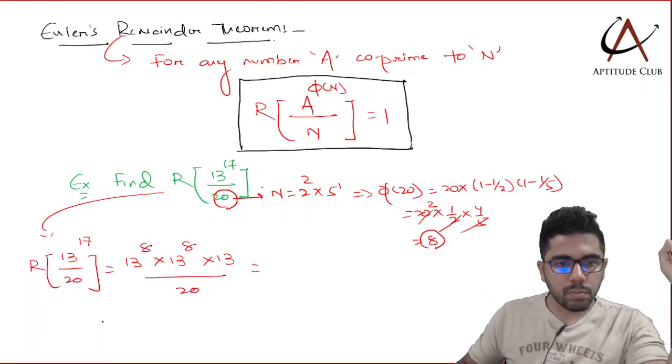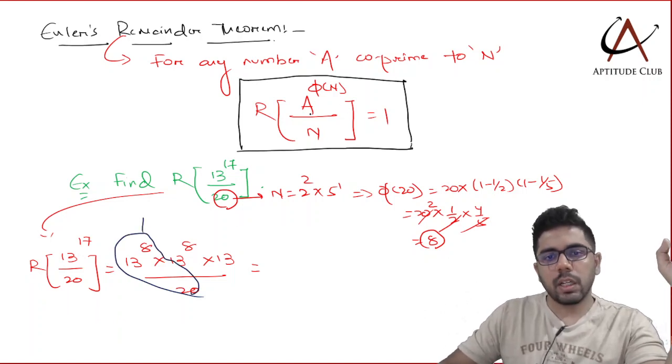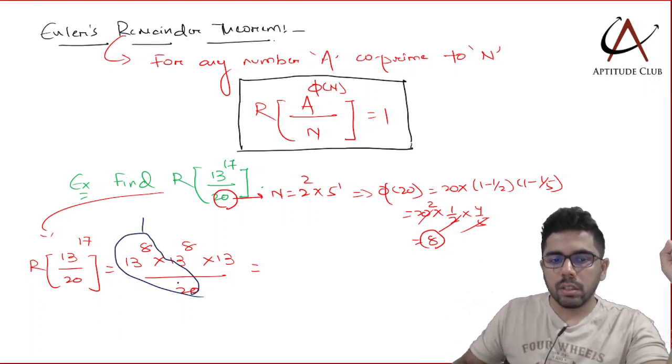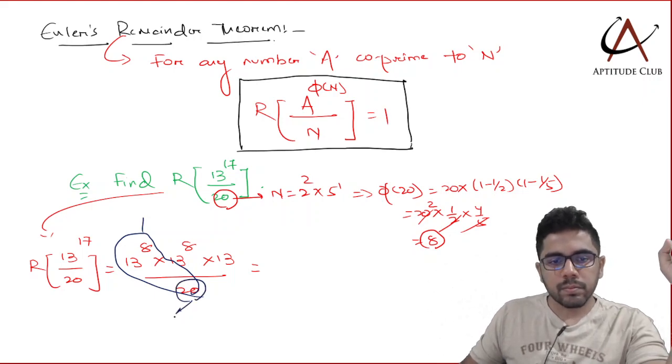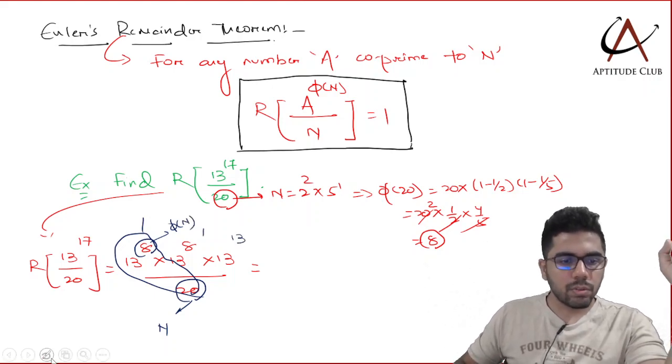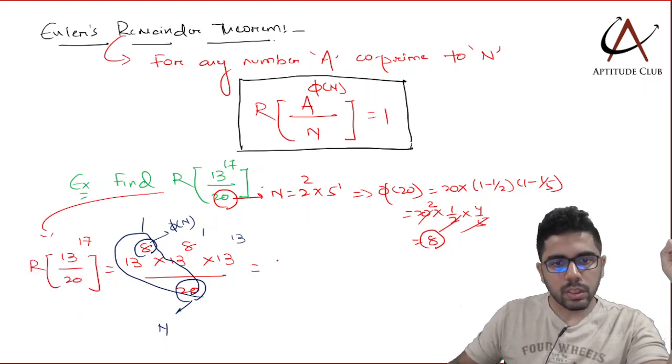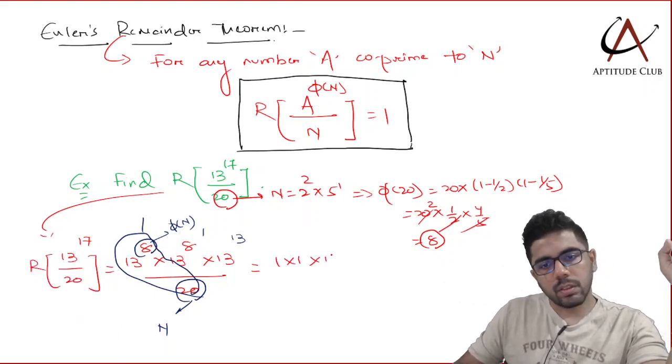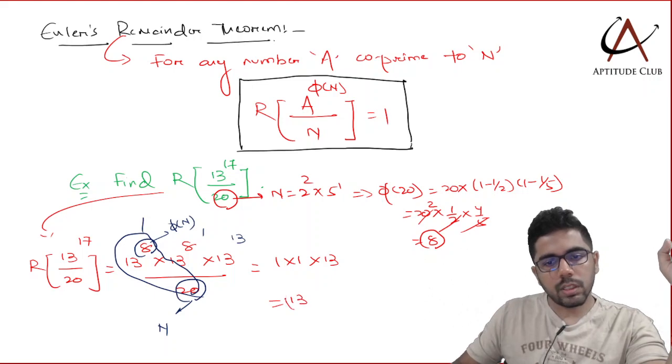Because 13 to the power 8 divided by 20, remainder is 1. A to the power phi n divided by n. So n is 20 and 8 is your phi n. तो फिर यहाँ पे भी remainder 1 and here the remainder is 13. So finally you get 1 into 1 into 13. So the answer is 13.